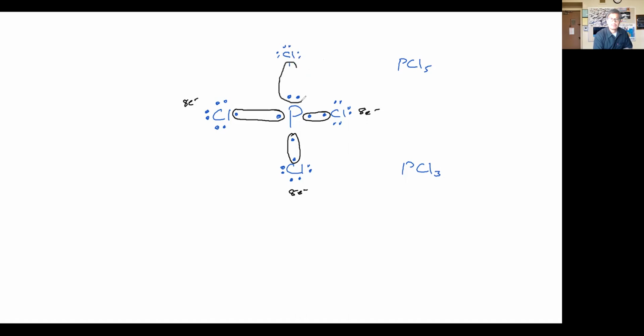The problem with this is that it can't happen, because chlorine cannot accommodate these two electrons here. So you won't get a coordinate covalent bond forming there. Furthermore, that would only allow you to have four chlorines bonded to the phosphorus. So that cannot happen.